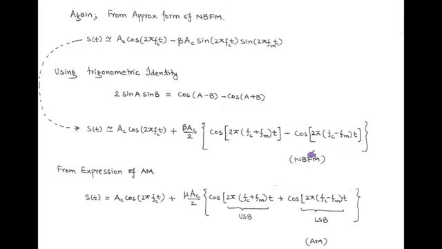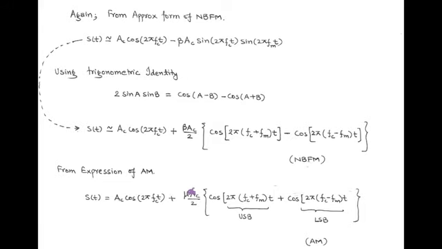And this is the approximate form of narrowband FM having an upper sideband and a lower sideband. The upper sideband corresponds to fc plus fm and the lower sideband corresponds to fc minus fm. This expression is similar to amplitude modulation. In narrowband FM, beta is the modulation index, and in AM, mu is the modulation index.